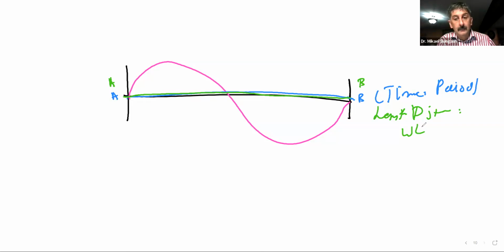Likewise, the second or third word in the definition of wavelength is length or distance. And then what that time or distance counts from is from the beginning of the cycle to the end of the cycle, or from the beginning of one cycle to the beginning of the next cycle.